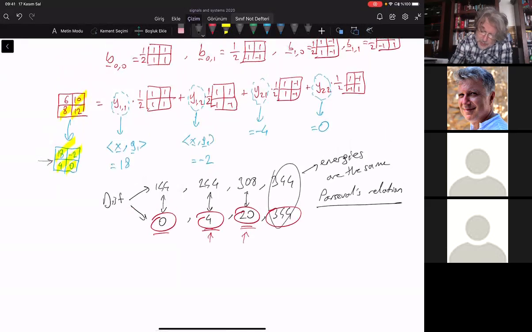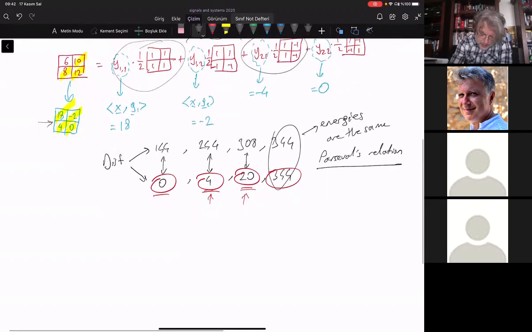For instance, that corresponds to eliminating this one and this one. So it means we are reconstructing our signal using only this and this. Let's do it then. What was y11? It was 18. 18 times 1/2 times 1, 1, 1, 1. This is one coefficient, and it's going to reconstruct an image.